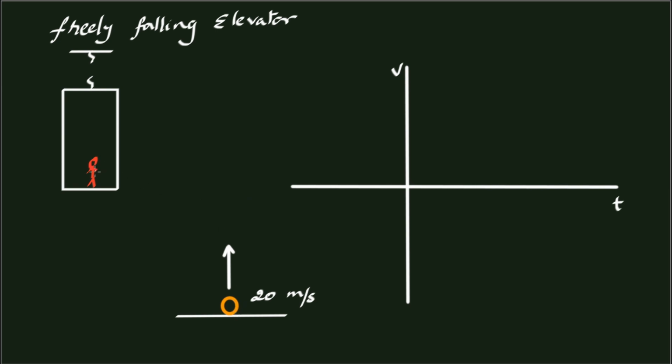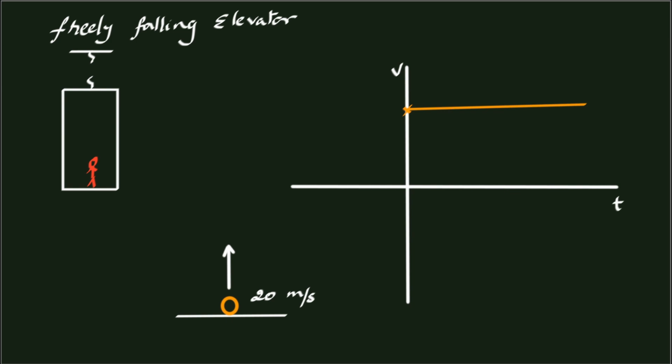The elevator's velocity is 0, so with respect to the elevator, the ball's velocity is 20 meters per second. And then, in the elevator's point of view, there is no gravity, so it moves with a constant velocity, so the graph looks like that, a horizontal line.